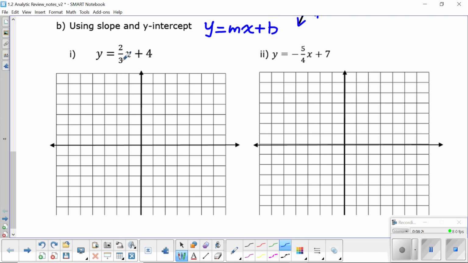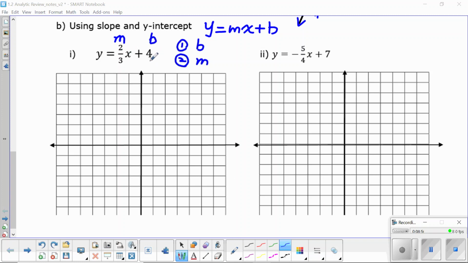Compare the given equation with this form, and you will see 2 over 3 is your slope, 4 is your y-intercept. When we are doing the graph, we use the y-intercept first, then we use the slope to find the second point. As long as we have 2 points, we can do the graph.